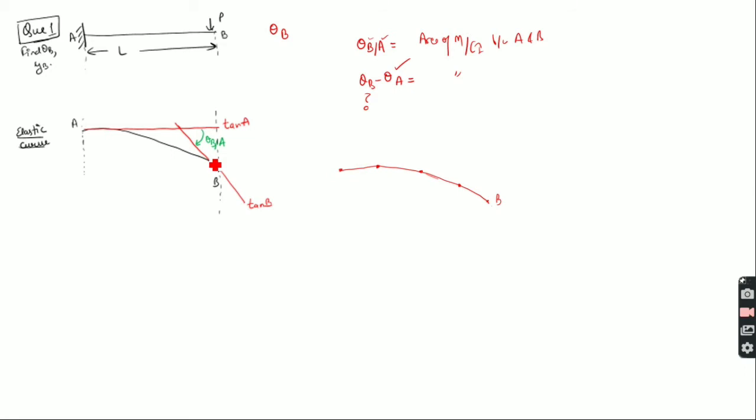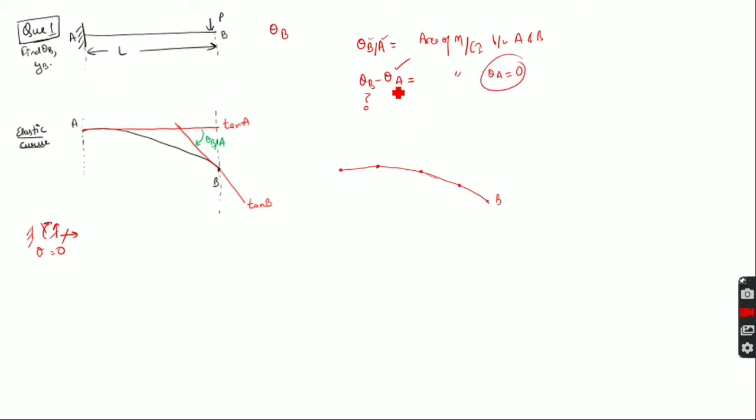In this curve, as you can see, there are different points and there can be different values of theta. But why I have chosen this point A is because, as you know from basics, if there is a fixed beam, then there is no rotation, no vertical displacement, and no horizontal displacement. So theta will be 0 at this point. We know that theta A is equal to 0 in this case.